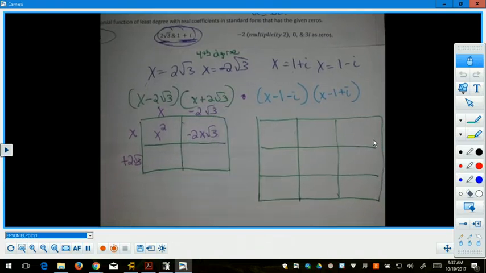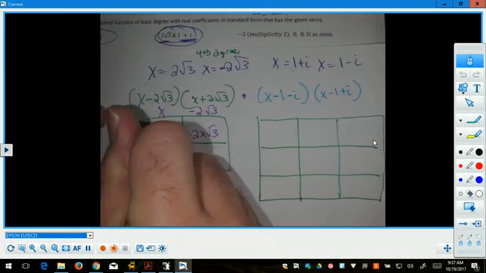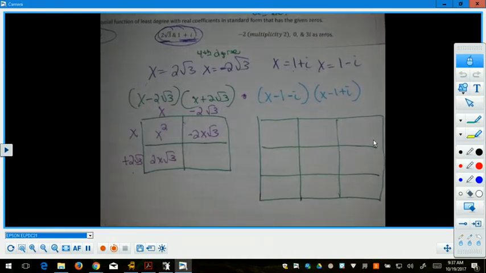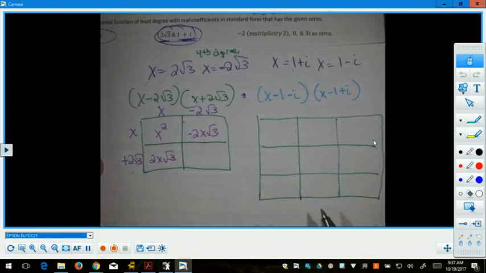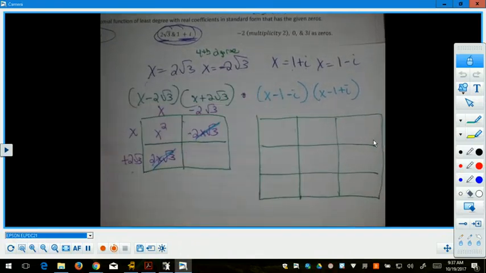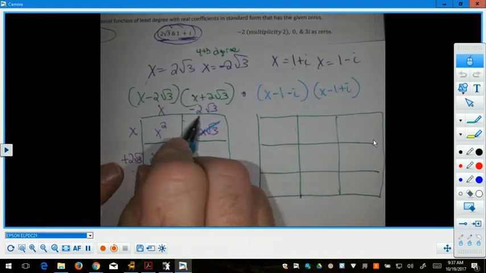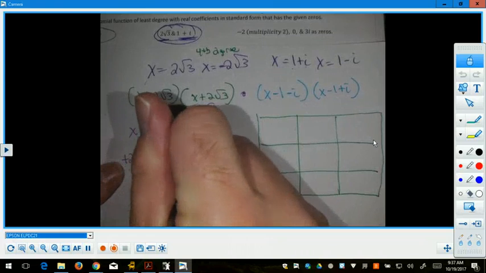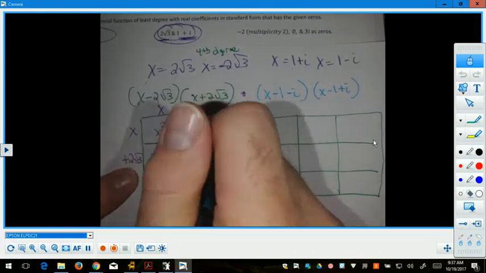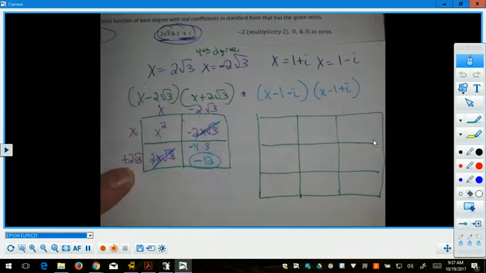It's like a multiplication table. This times x is positive 2x square roots of 3. And I'm glad that I have that. Why am I glad I have that? They're opposites, so they're gone. That's nice. When I multiply this, it's really negative 2 times 2 is negative 4. Square root of 3 times square root of 3 is 3, so that becomes negative 12.